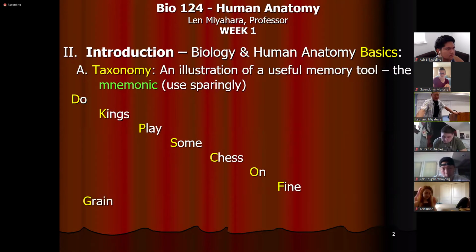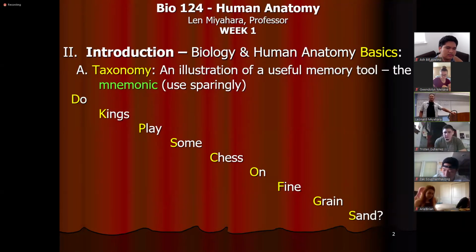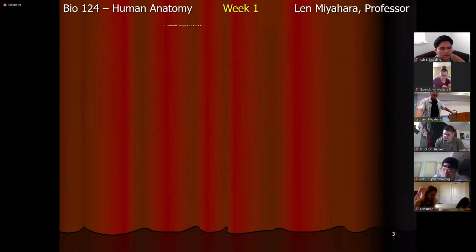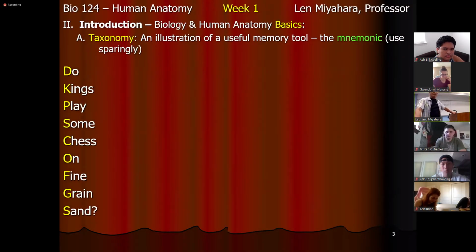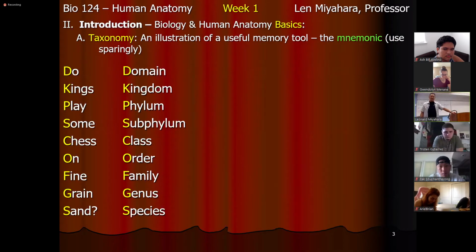But instead of just teaching you taxonomy, I'm going to use taxonomy to show you one of the tools that you can use for memory, and that's mnemonic. And when I was in my cellular biology class and we had to know all this stuff, we used the mnemonic like this: do kings play some chess on fine-grained sand? That doesn't make any sense except for the first letter actually stands for something real.